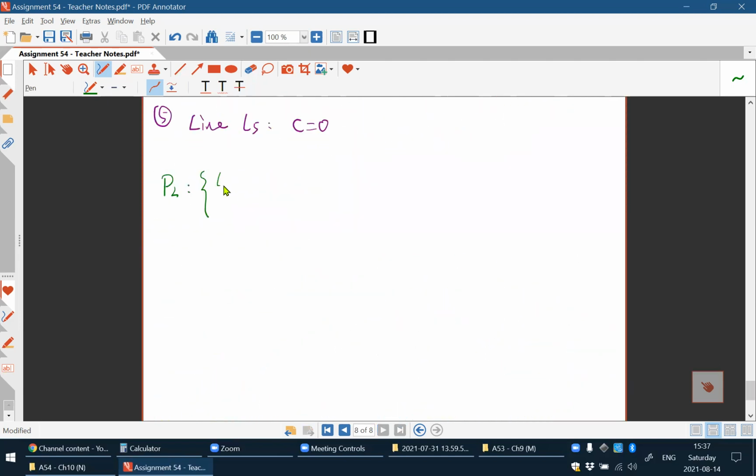So let's combine L2 and L3, which means C equals minus 7/5 B plus 132, and C equals minus 2B plus 170, which gives us minus 7/5 B plus 132 equals minus 2B plus 170, right?